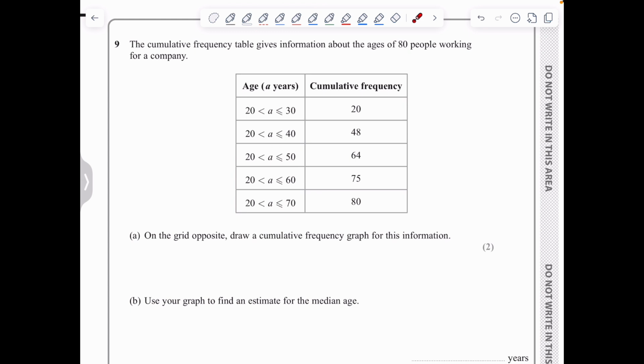In question 9, we've got the cumulative frequency table below, giving information about the ages of 80 people working for a company, and we need to draw a cumulative frequency graph for this information. So I will be plotting the cumulative frequency against the class endpoint. So the point will be 30, 20, then 40, 48, and so on.